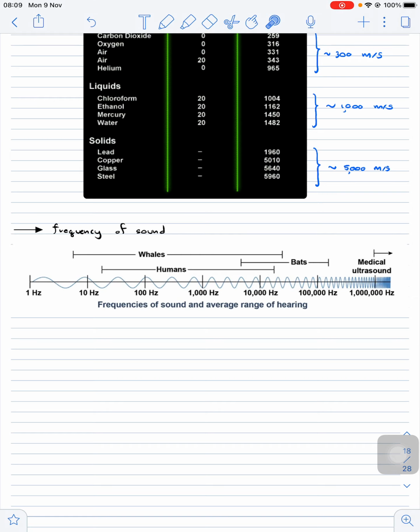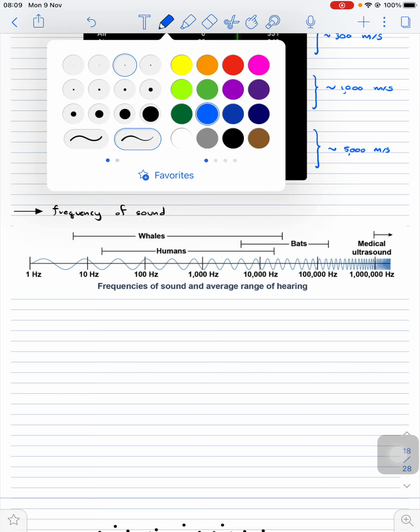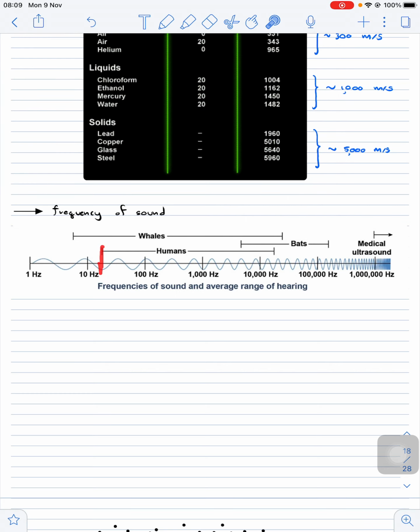Now, how about the frequency of the sound wave? You can see that we can have a range from 1 Hz up to 1 million Hz, depending on the application that we want to use. The frequency that humans can hear ranges from 20 Hz to 20,000 Hz. That means the frequency of the sound wave that humans can hear.